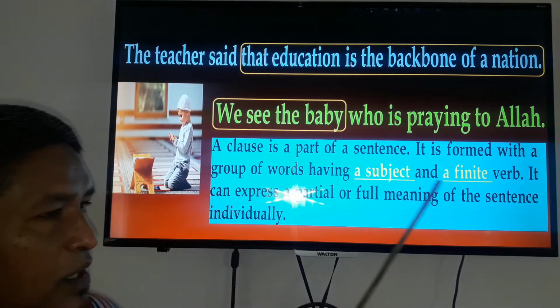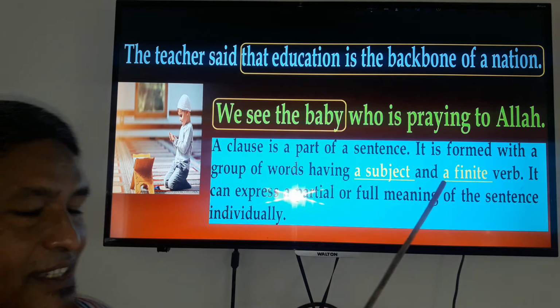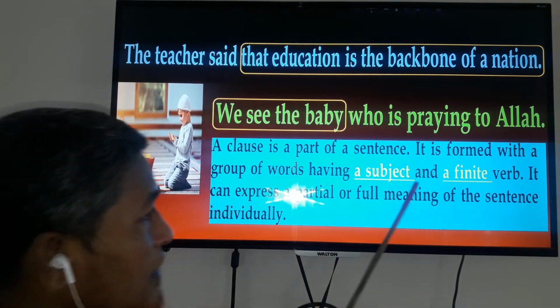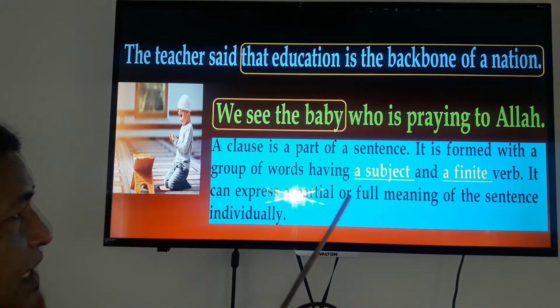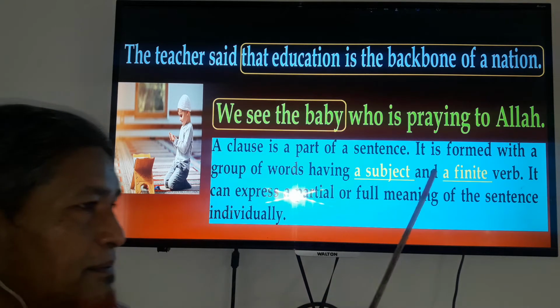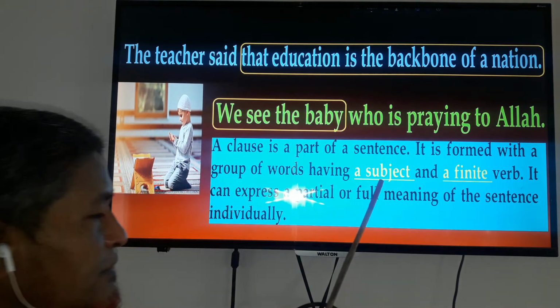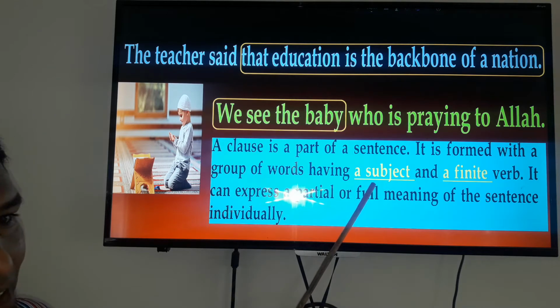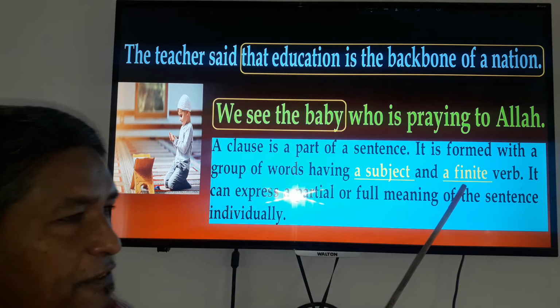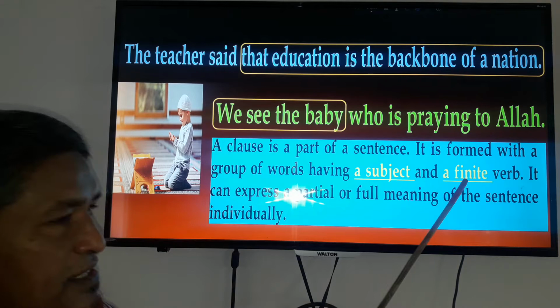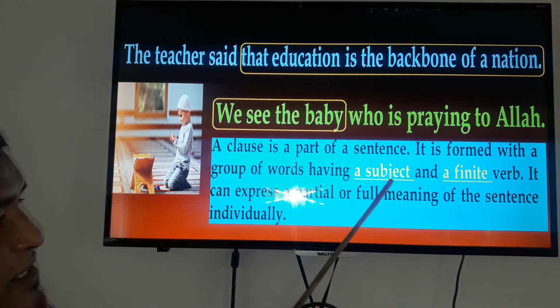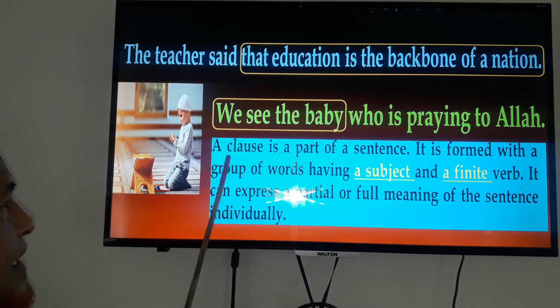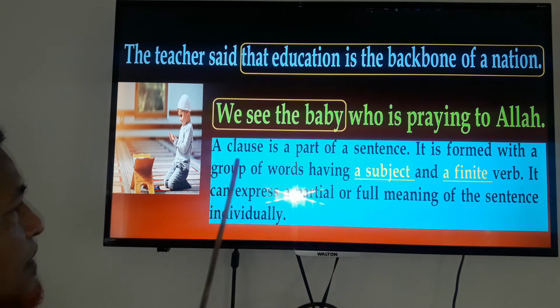Without these, the sentence cannot be formed. Okay, it is very important. So every clause has a subject and a finite verb.